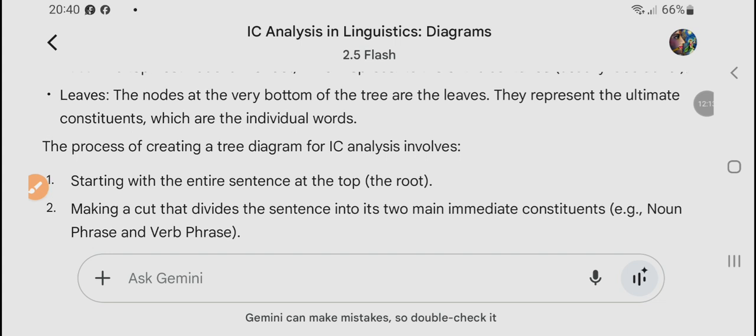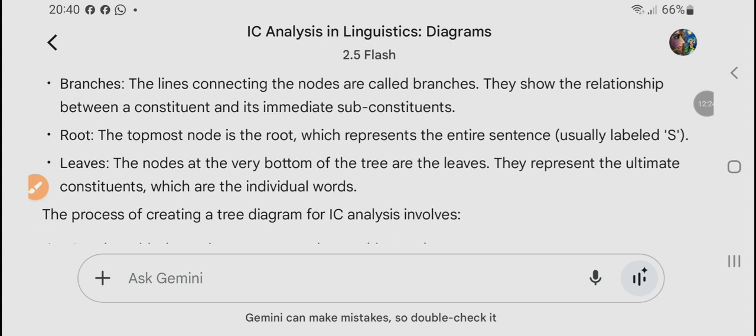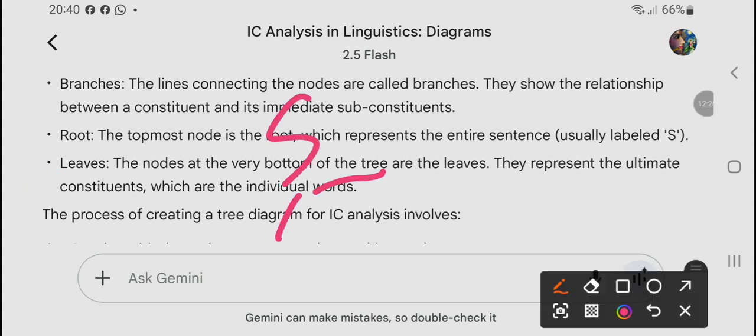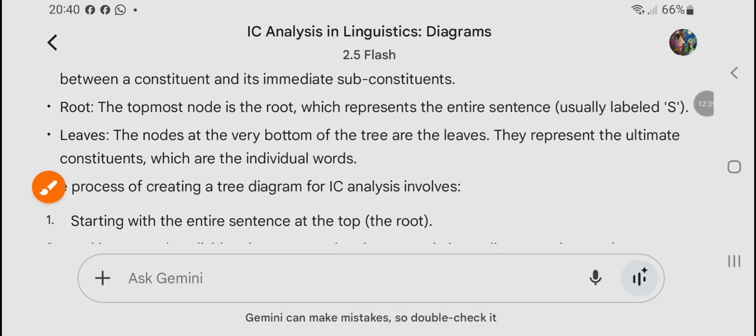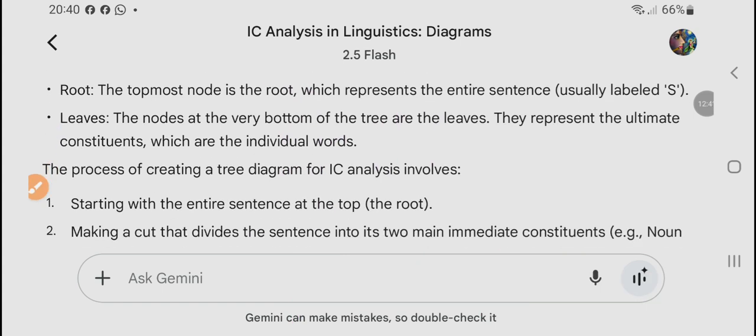Now leaves, the nodes at the very bottom of the tree are called leaves. Very bottom of the tree means this is the sentence, right? And then this is a noun phrase, this is a verb phrase, and so on. So at last, what remains are called the leaves.